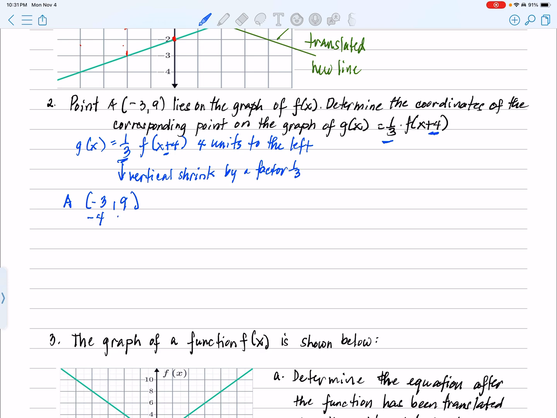This will become -7 and 9. The point is being moved horizontally.